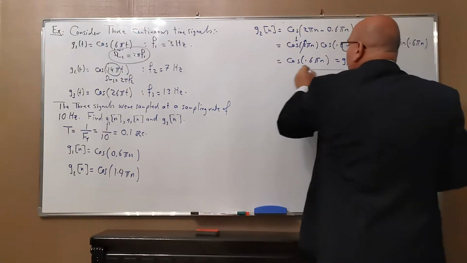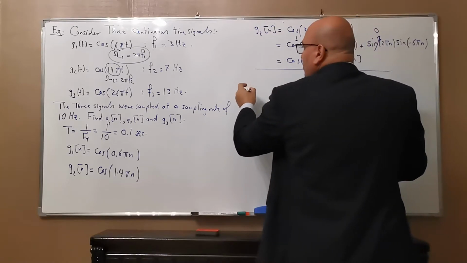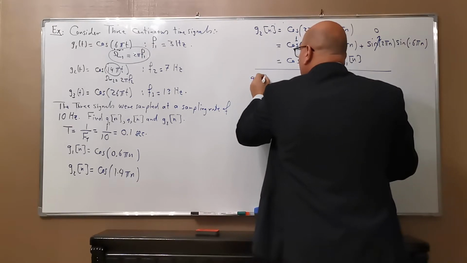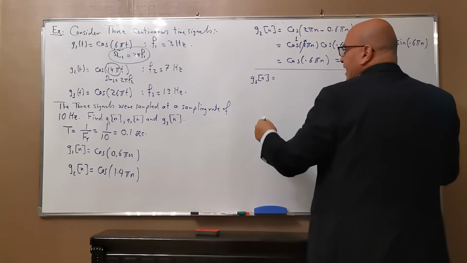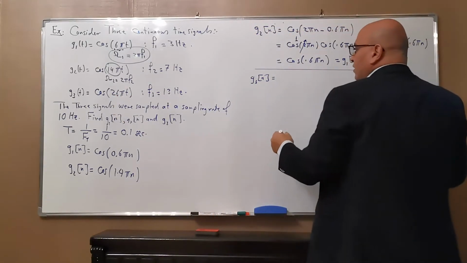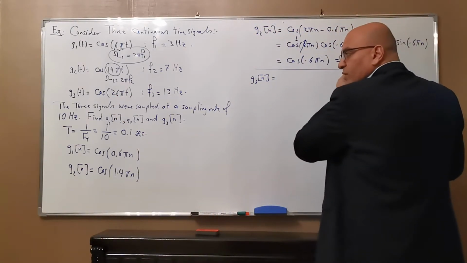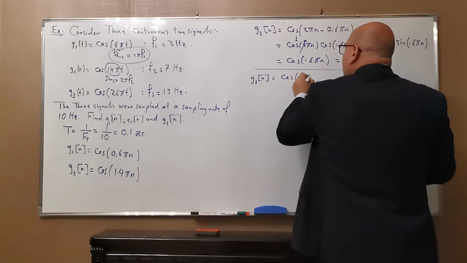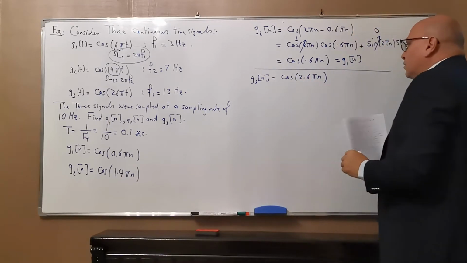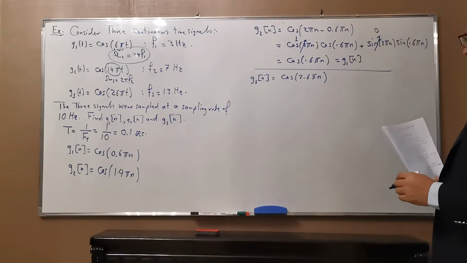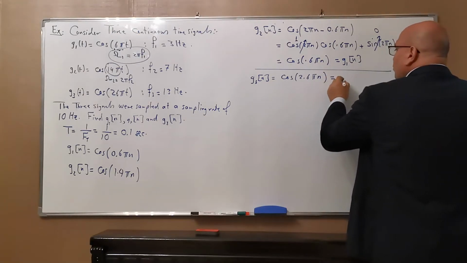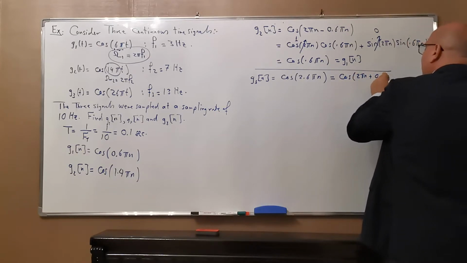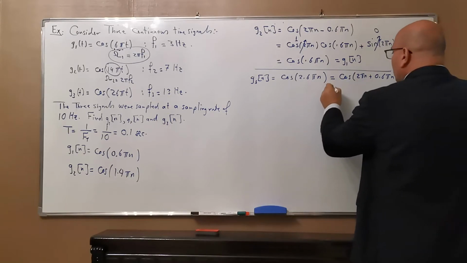Okay, let's look at the last one. So g3 of n is also equal to sampling this one, 26 pi n multiplied by 0.1, so you'll have cosine 2.6 pi n. Okay, 2.6 pi n can also be written as a sum of two angles, 2 pi n plus 0.6 pi n, and then we will distribute the cosine.